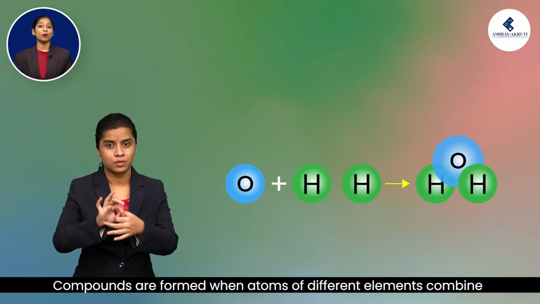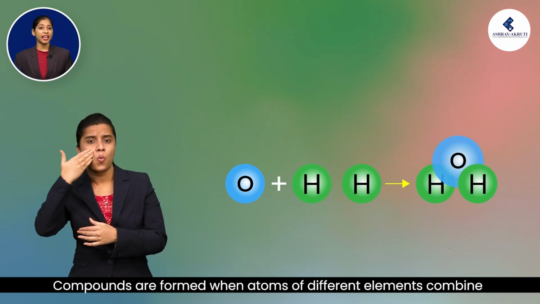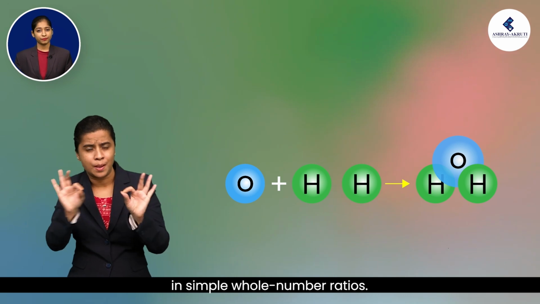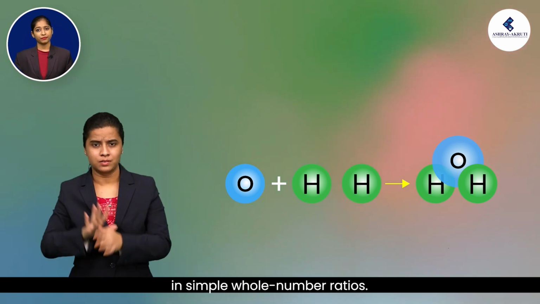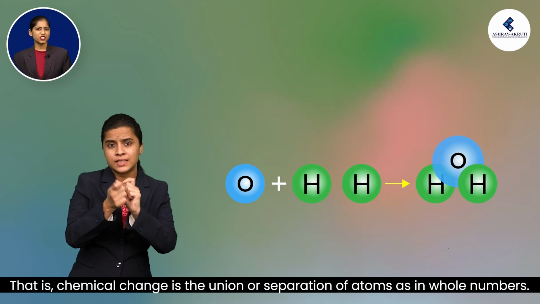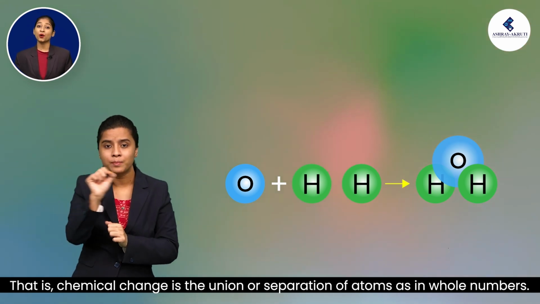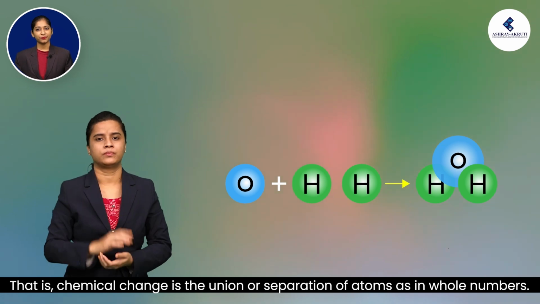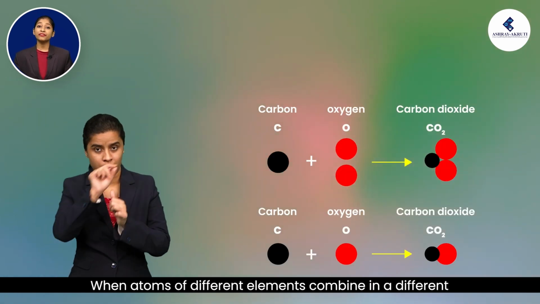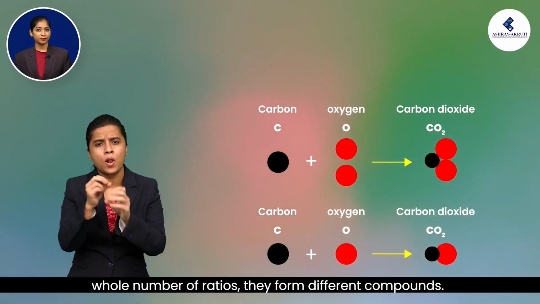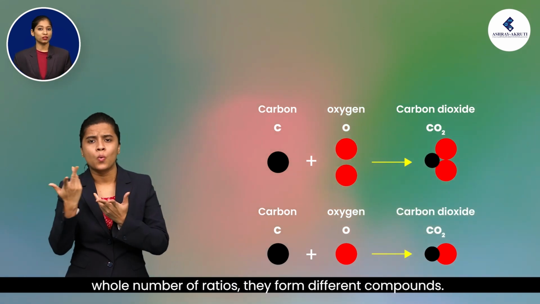Compounds are formed when atoms of different elements combine in simple whole number ratios. That is, chemical change is the union or separation of atoms in whole numbers. When atoms of different elements combine in different whole number ratios, they form different compounds.